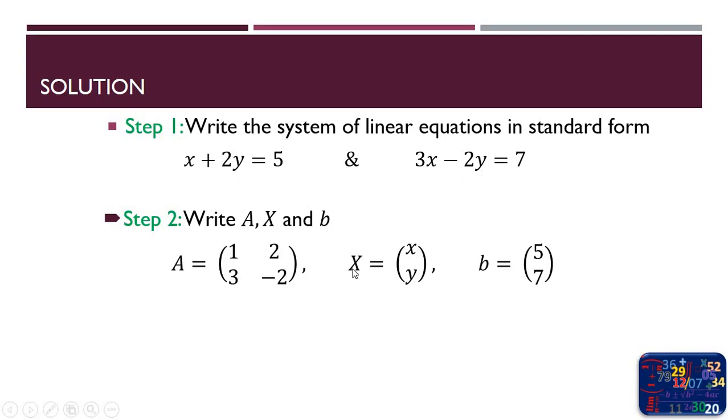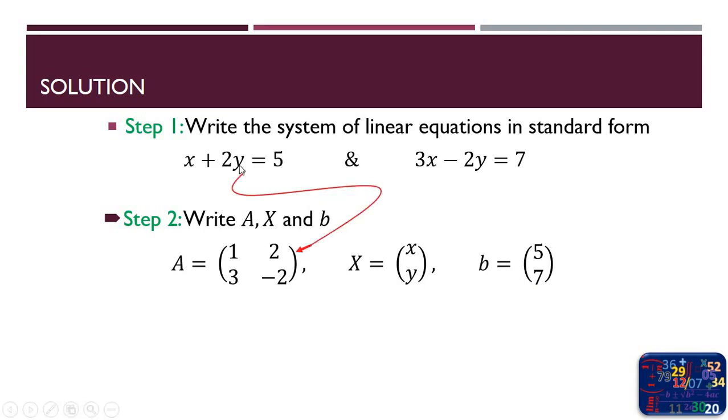If I write the 2 equations in such a way that y comes first and x next, then here also I have to change it to y, x. This is the order which we want to follow, and B is nothing but the constant elements column vector, that means 5, 7.